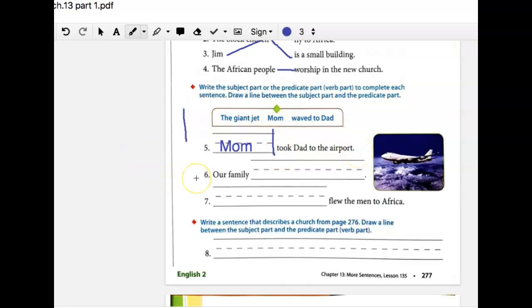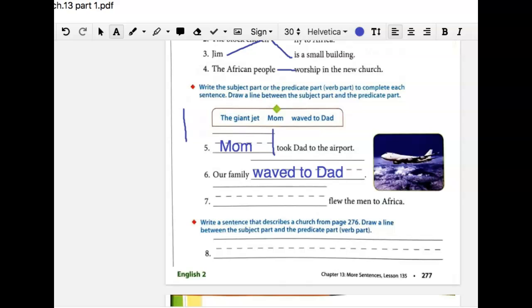Number 6, our family did what? So the sentence is about our family and we're looking for what they did. The only choice in our word bank that shows the action part is wave to dad. Our family waved to dad.